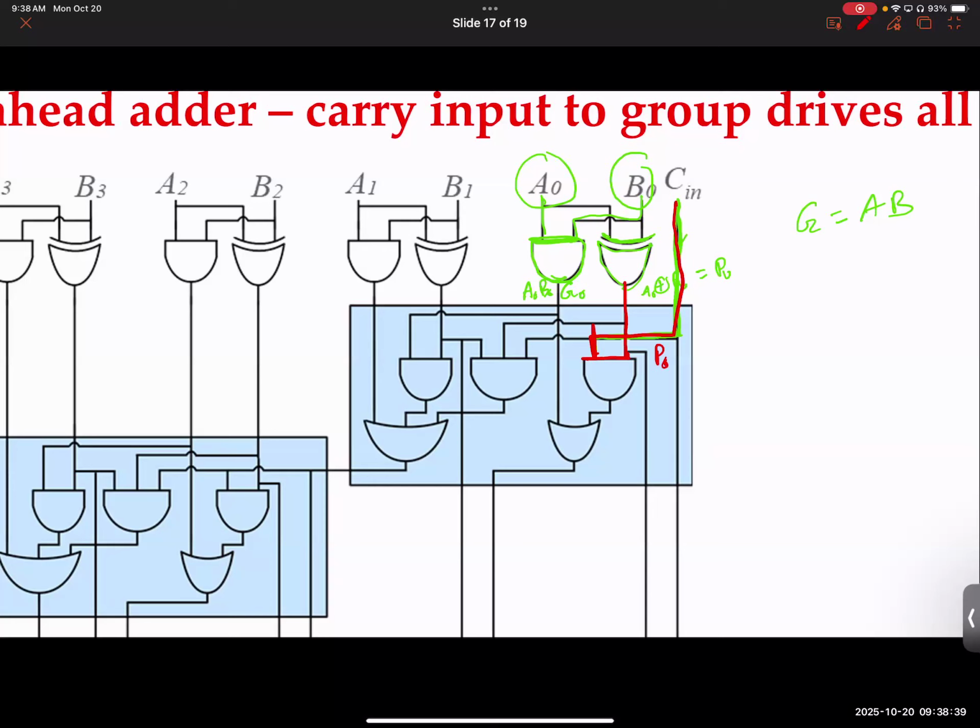Can anybody help me understand what this is doing? This is an AND gate. This is giving you P0 C in, don't you think? And then finally, there is an OR gate here, which is adding this G0 with P0 C in and giving you G0 plus P0 C in, which is your carry output.